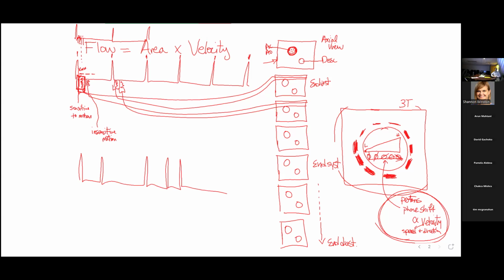If you've got a nice regular rhythm up here, we still will acquire these with retrospective gating, and then we can switch to prospective gating because most of the forward flow occurs in systole, right?